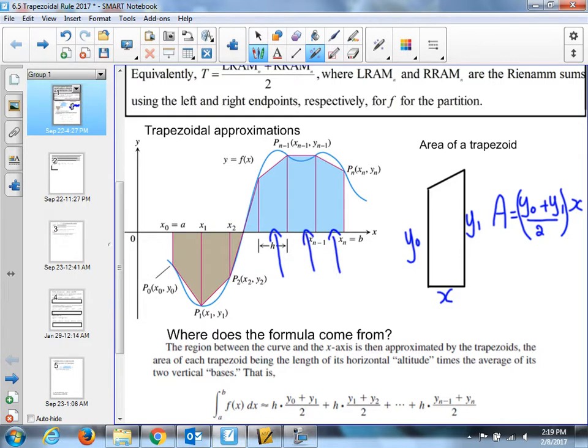You notice it's kind of weird, though. If this is your strip of width X, and you have a negative number and a positive number, it doesn't seem to make sense when you join those lines, but it uses the same formula.